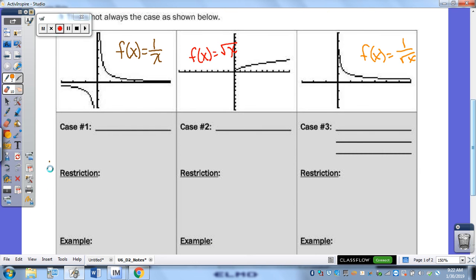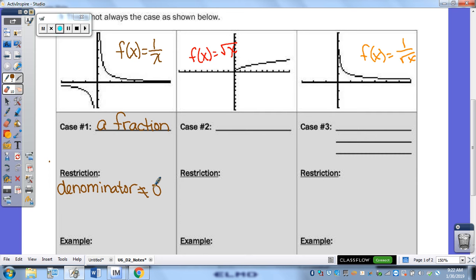So let's look at case number 1. The issue with case number 1 is the fact that it's a fraction. 1 over x. X is in your denominator. So the restriction for this is your denominator cannot equal 0.